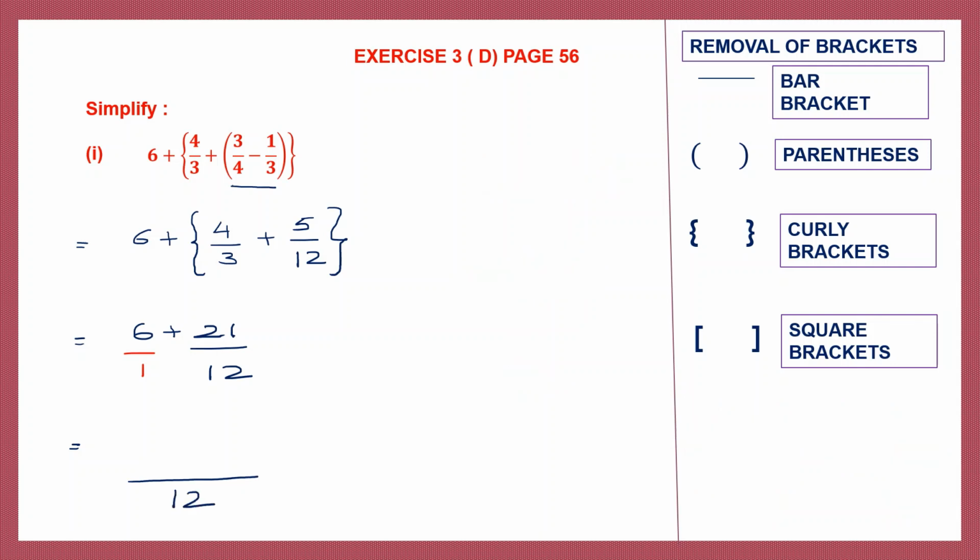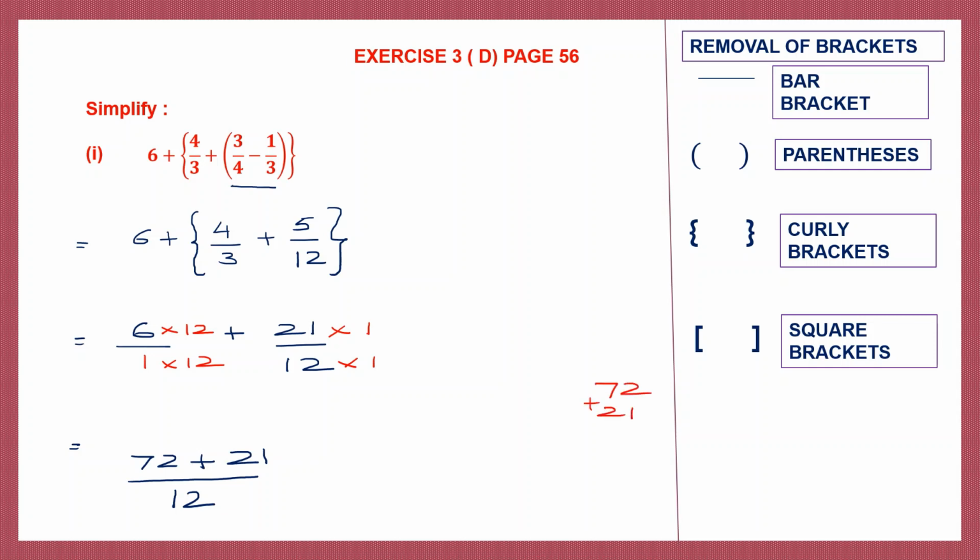The first fraction is 6 by 1. 1 into 12 is 12, so we need to multiply 6 by 12. 12 into 6 is 72 plus, the other denominator is 12. 12 into 1 is 12, so 21 into 1 is 21. So that is 72 plus 21. Now let's add up 72 plus 21. So 2 plus 1 is 3, 7 plus 2 is 9.